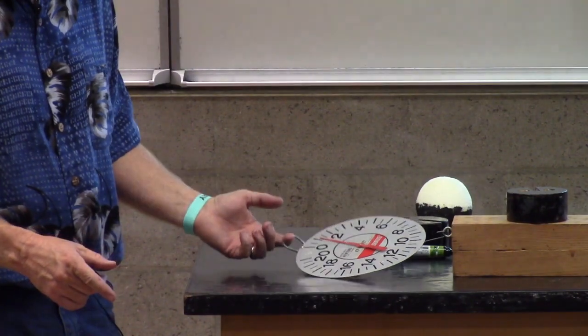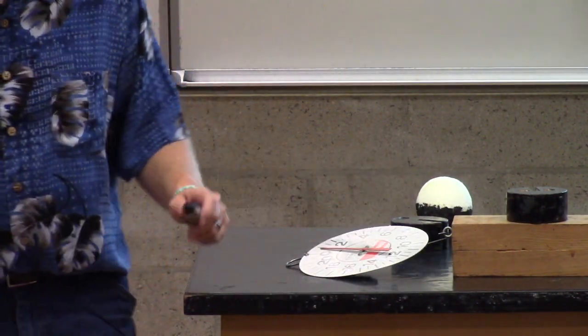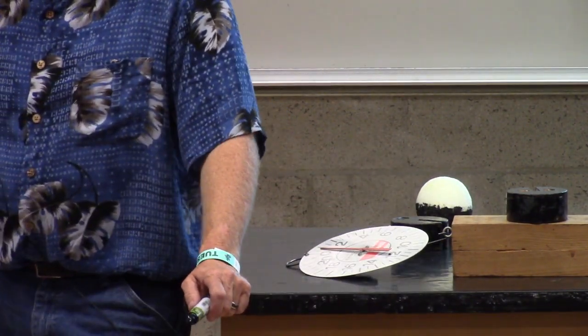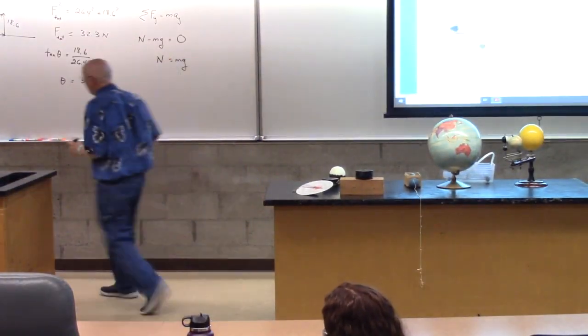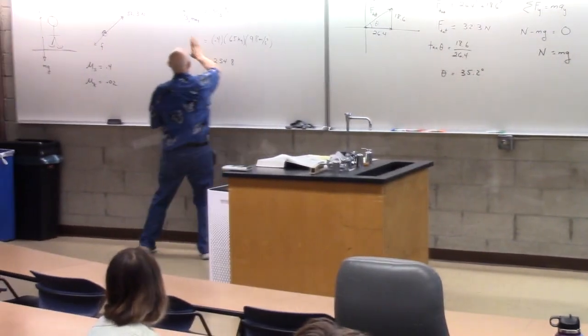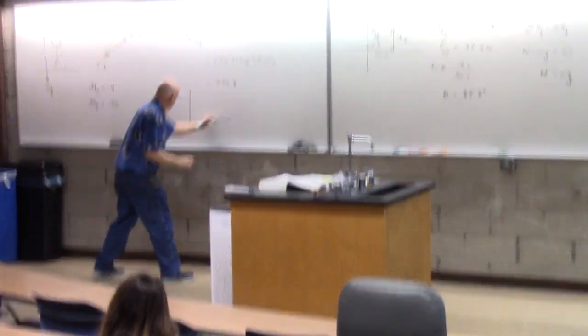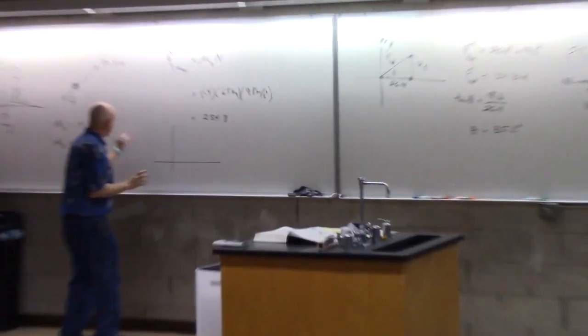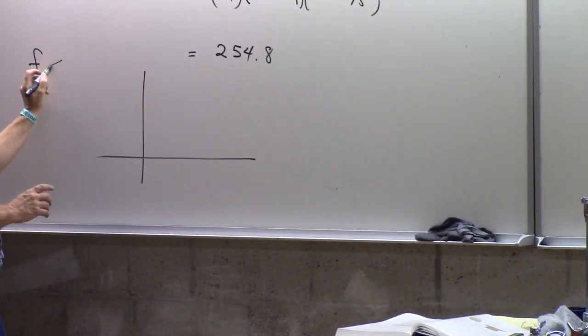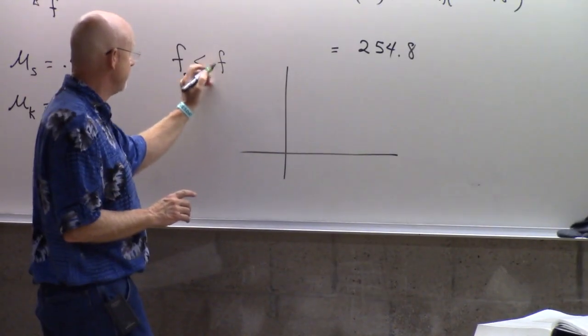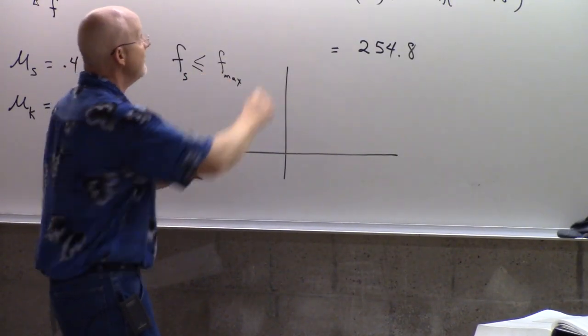Maybe I'm not seeing it, but I'm wondering how you came to that conclusion that that value wasn't enough to overcome. Okay, so maybe I should write it with a graph again, and also with an equation that says the static friction can be up to its maximum. And this is its maximum.